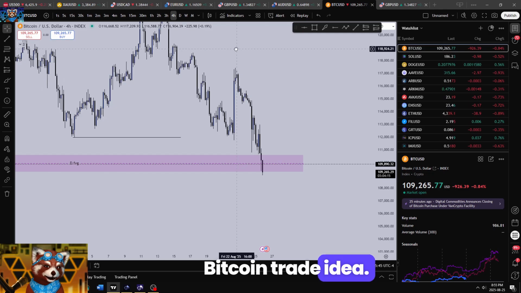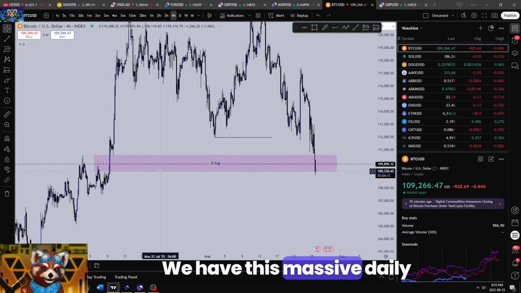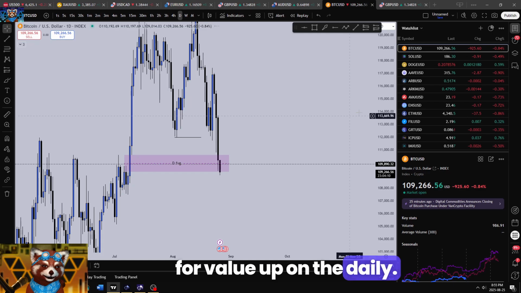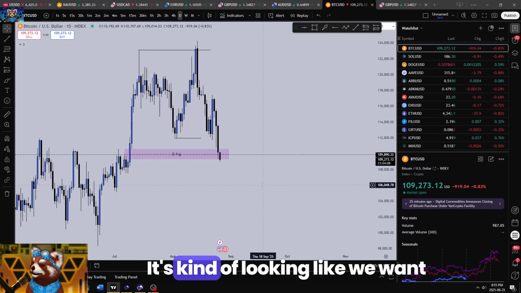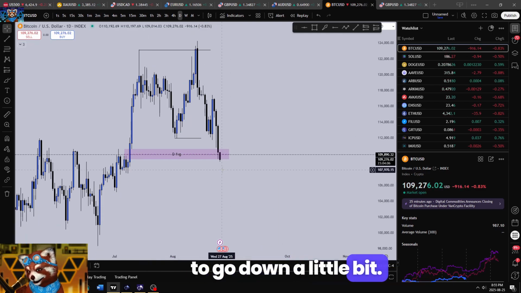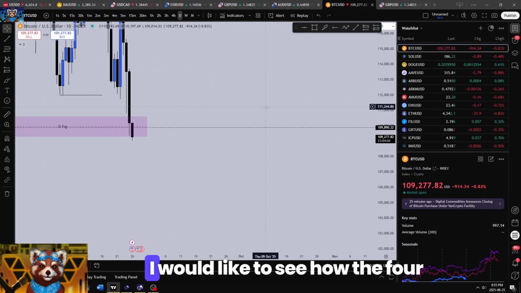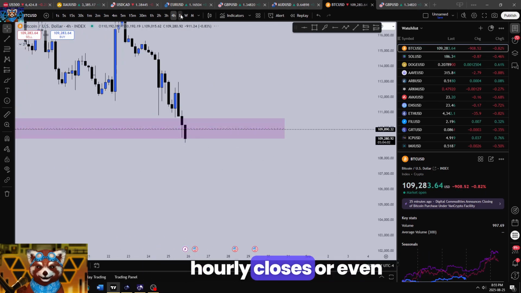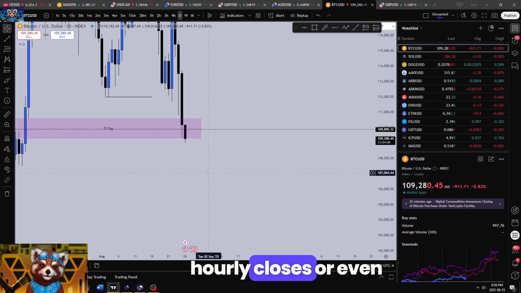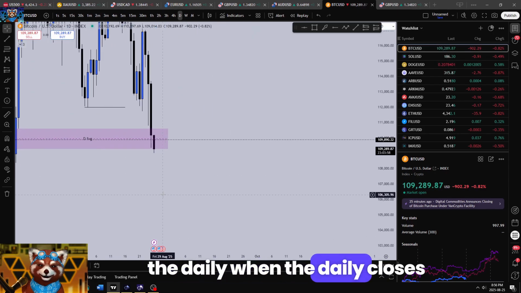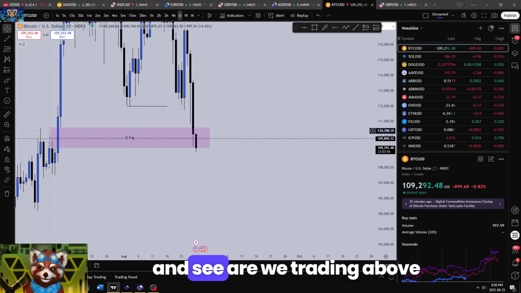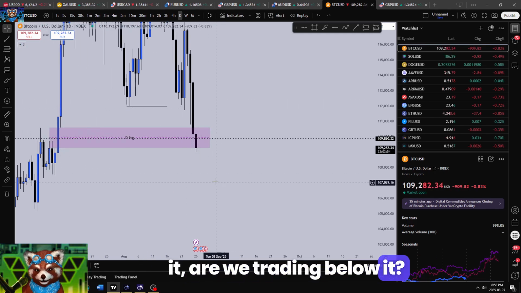Bitcoin trade idea. We have this massive daily fair value gap. On the daily, it's kind of looking like we want to go down a little bit. I would like to see how the 4-hourly closes, or even the daily, when the daily closes, and see, are we trading above it? Are we trading below it?